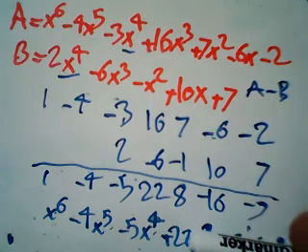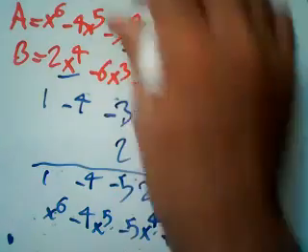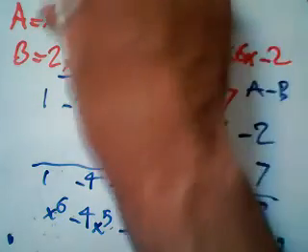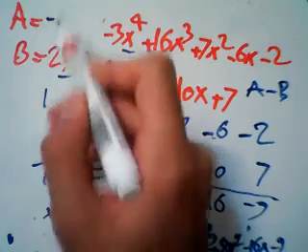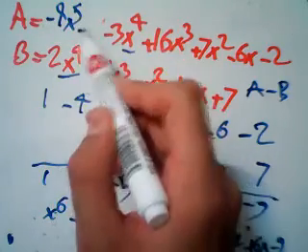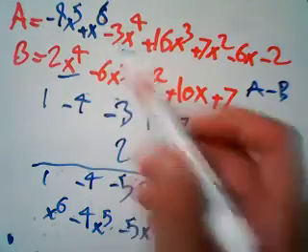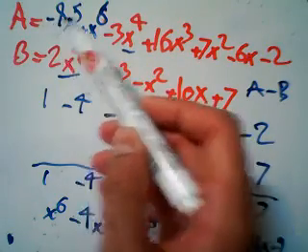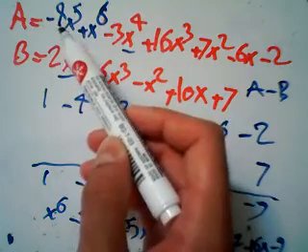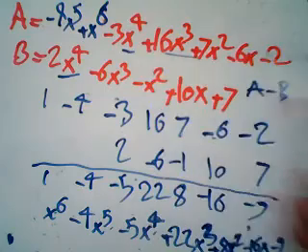For instance, if the minus 4x to the 5 were here and x to the 6 were here, we should arrange it so the biggest power is first, and as our eyes move from here to here, the powers of x decrease.